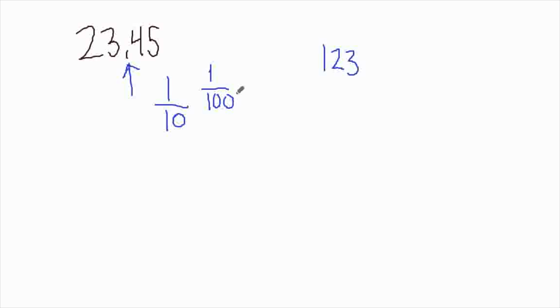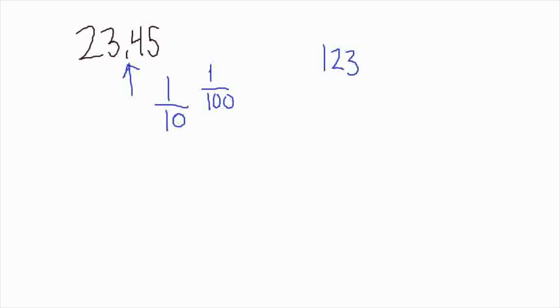So putting it all together, 23.45 means I have 2 packets of 10, 3 quantities, 4 little tiny 1/10 pizza slices, and then 5 little 1/100th pizza slices. Okay, that's how I want you to think of a decimal.